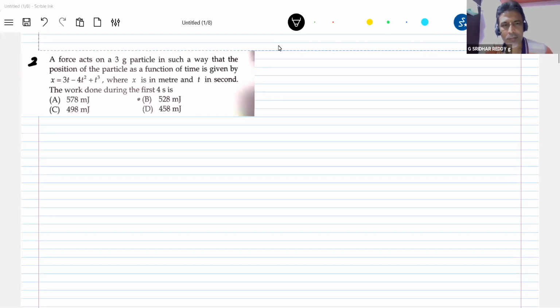So look at the position overall. If I differentiate this, what do we get? The velocity.